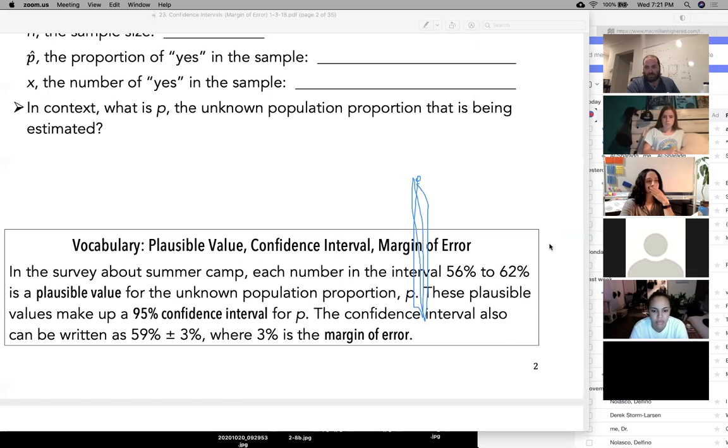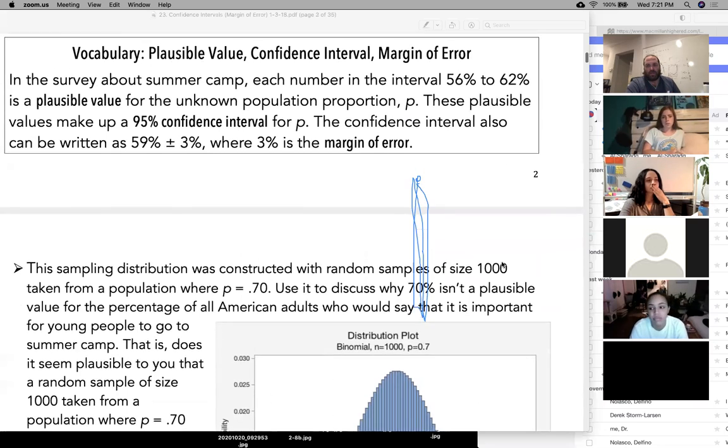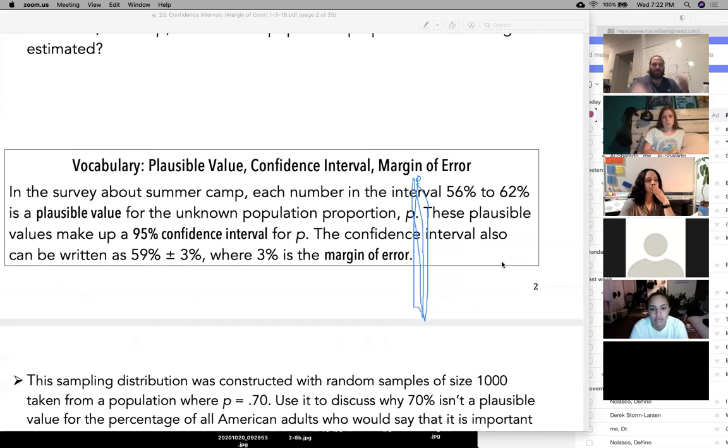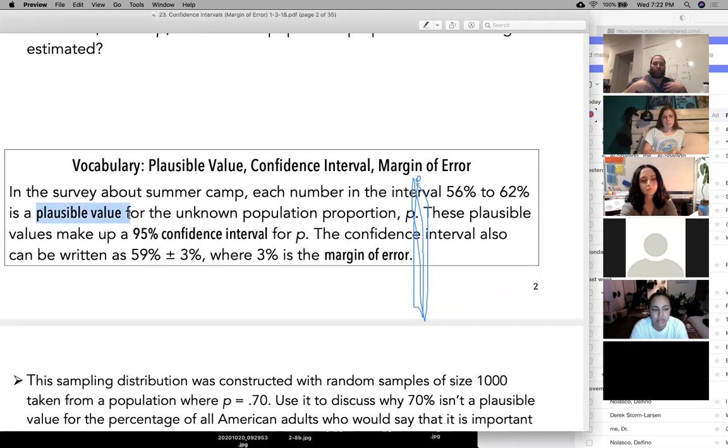Does that make sense? Well, the confidence interval, these are all the plausible outcomes. These are all the ones that are reasonable to be the value of P. 0.7 is not reasonable because 590 makes no sense.